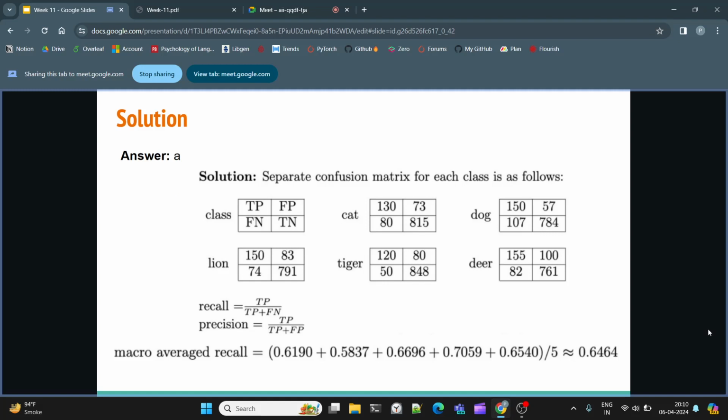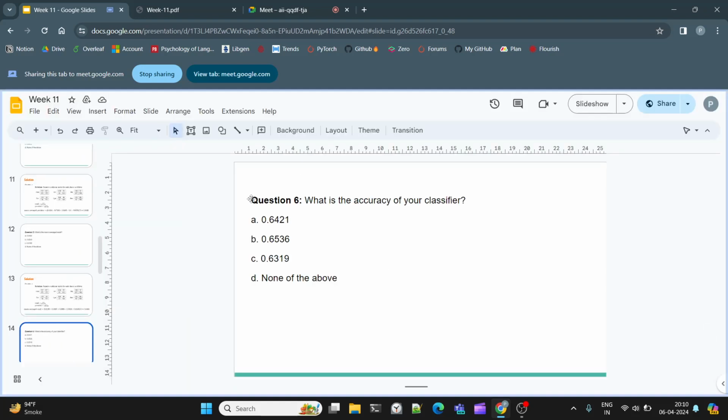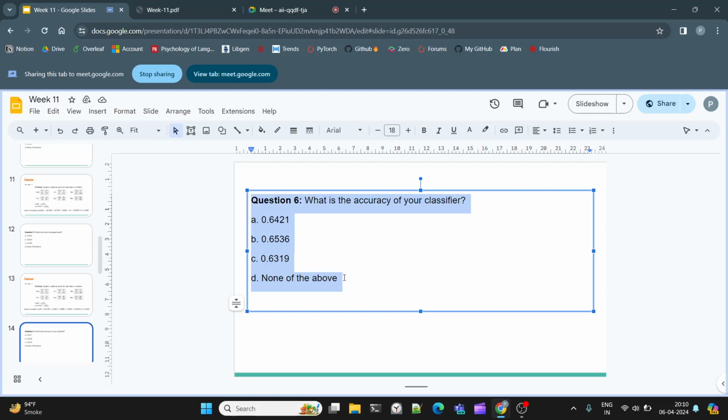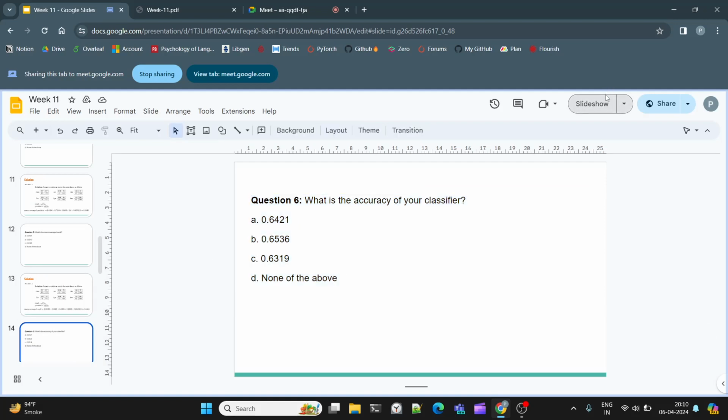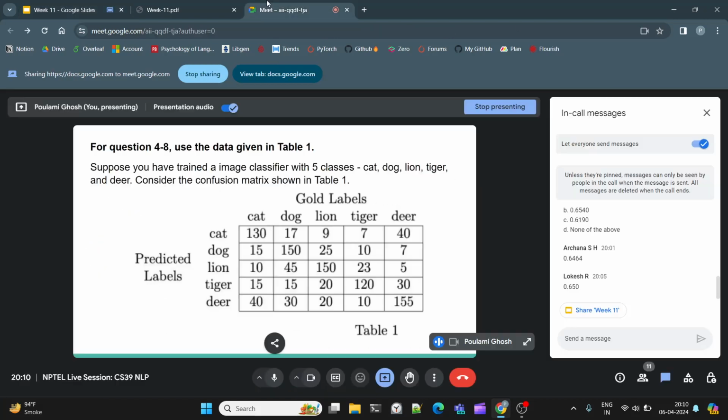So the next problem would also be similar. Now we have been asked what is the accuracy of the classifier. We'll again post this question in the chat. You all need to refer to the table. This is the table. The question is what is the accuracy?